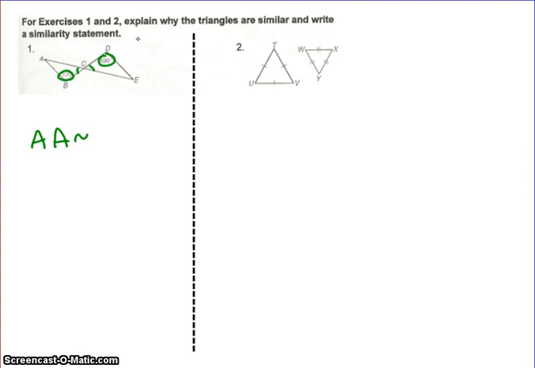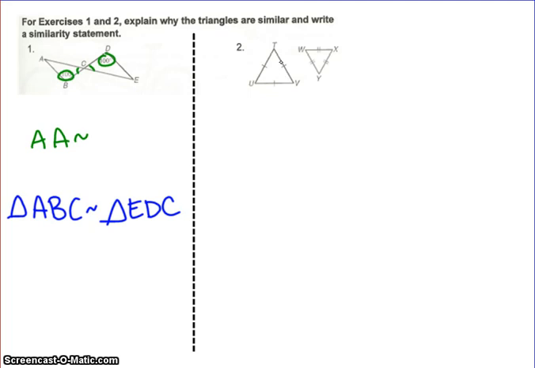Now it's our job to also write the similarity statement. So I would say that triangle ABC is similar to triangle, okay, well A and E correspond, B corresponds to D, and then C. So that would be your similarity statement. It's very important to name it correctly.